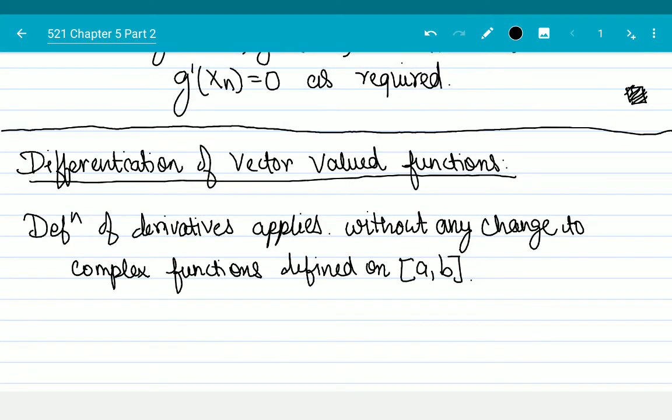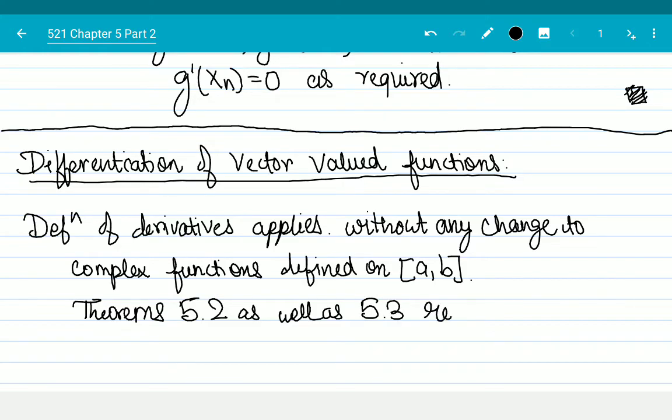So theorems 5.2 as well as 5.3 with their proofs remain valid. Right?